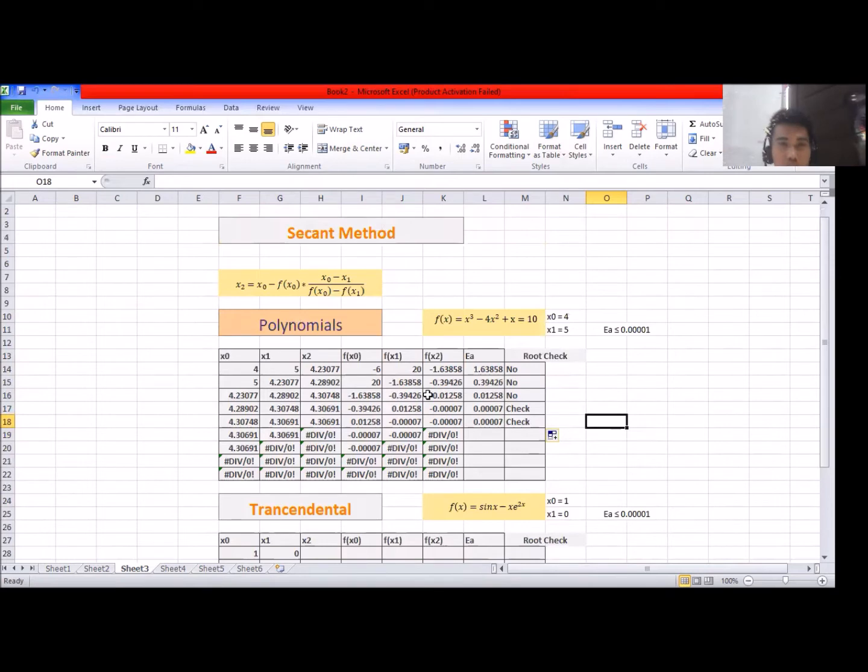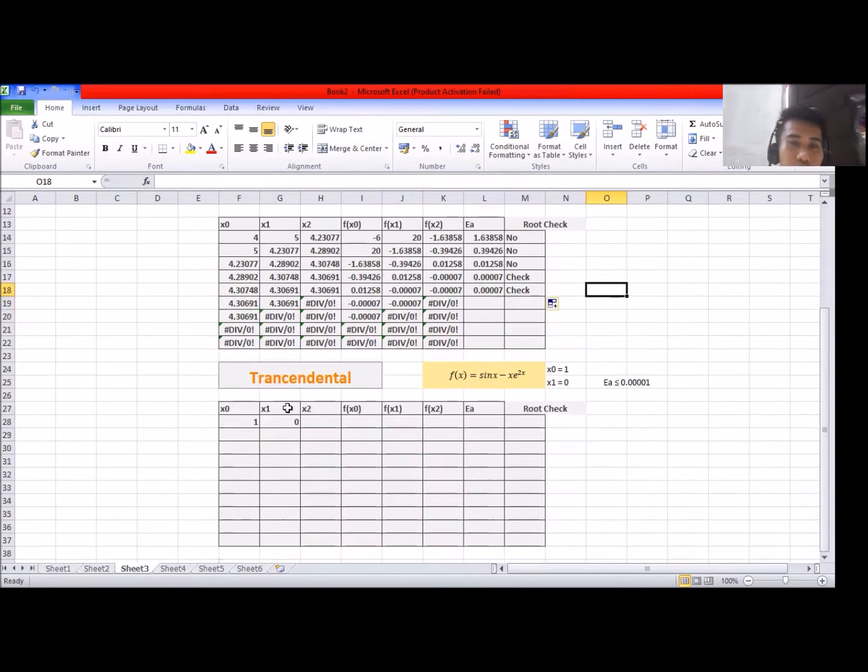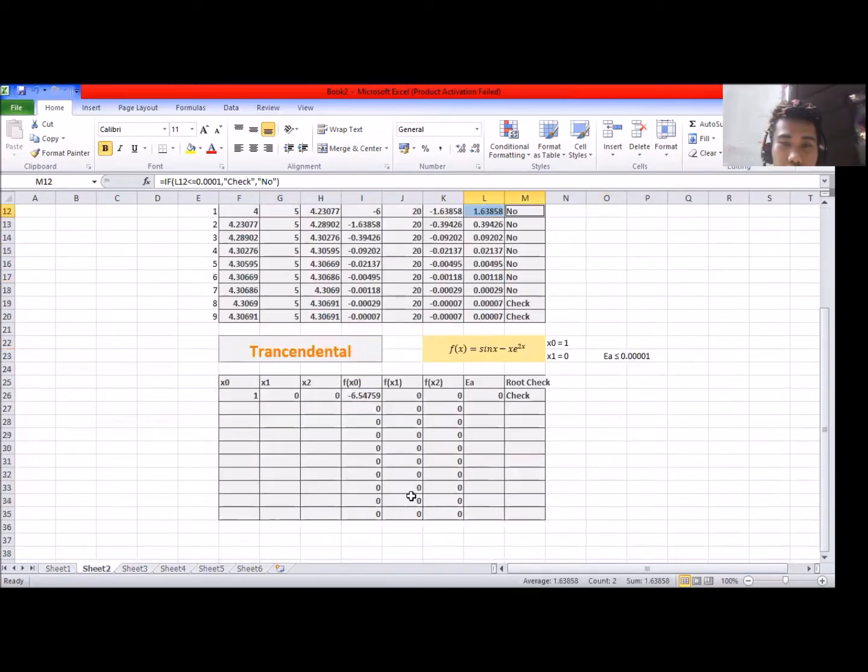The second method can again be used for a polynomial function and a transcendental function. So let's move on to the transcendental function. Let's give the initial value of x of 0.